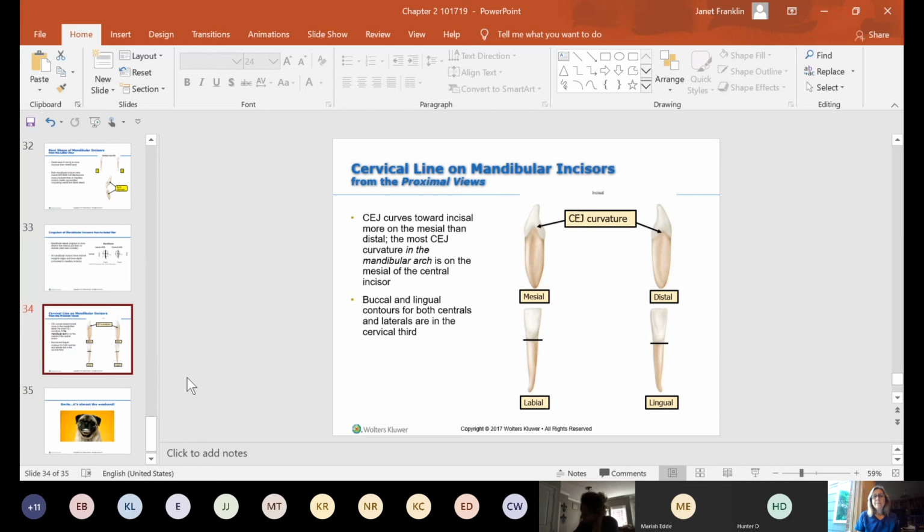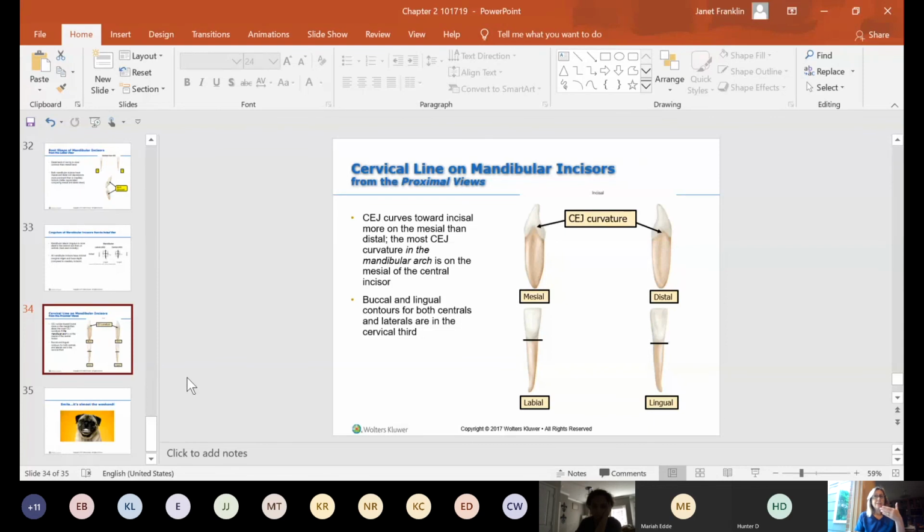And then the buccal and lingual contours for central incisors and lateral incisors are in the cervical third. So if you look at how wide the tooth is or how much it bulges, the biggest height of contour, or crest of curvature, on the buccal and lingual is in the cervical third.